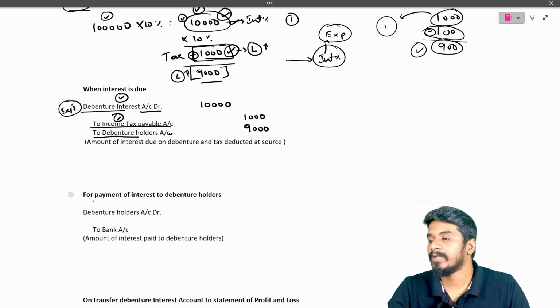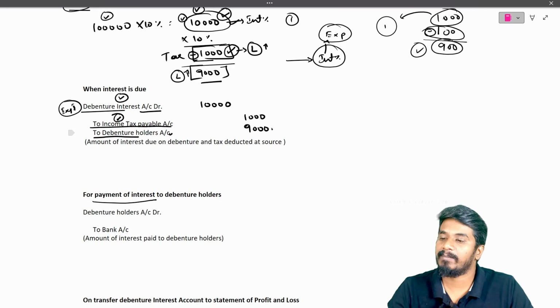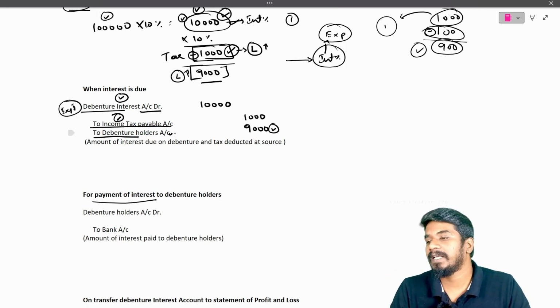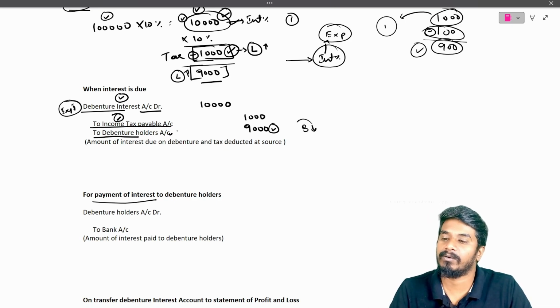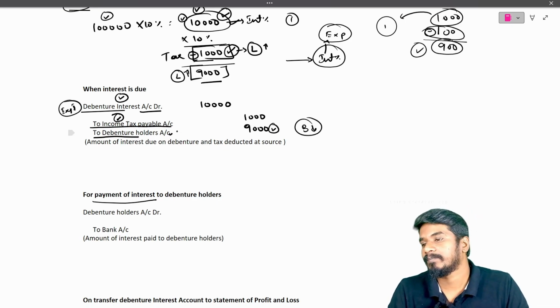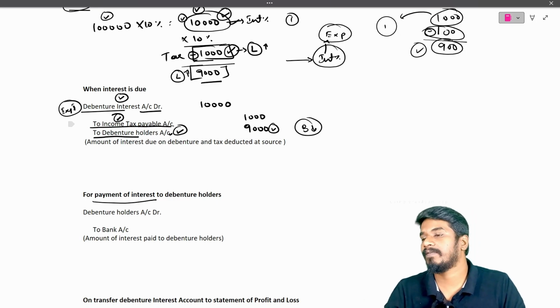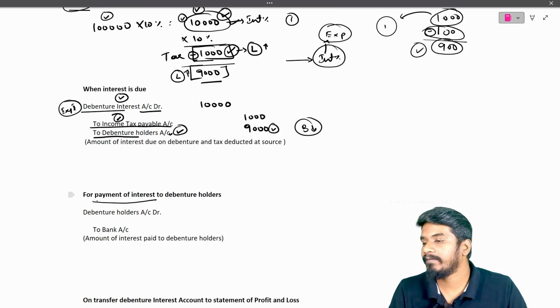Then we can see payment of interest. At the time of paying this interest, our bank account will go down, correct? And this entry will get reversed. That means we will debit it, and only then can we pay.